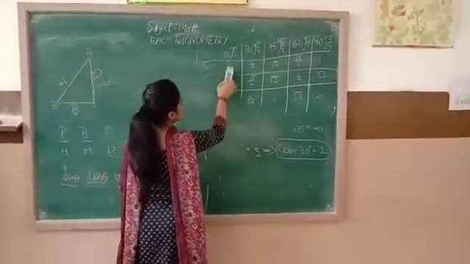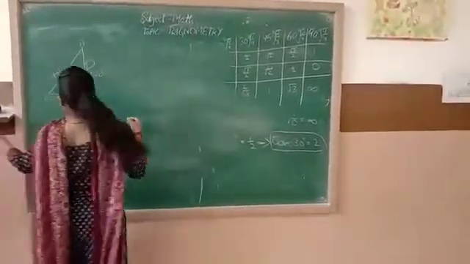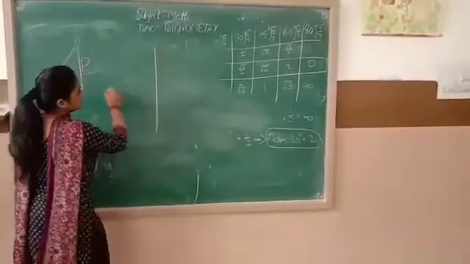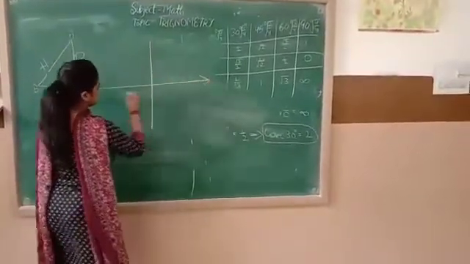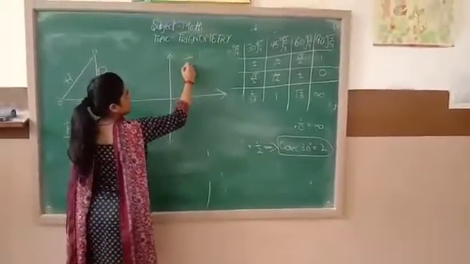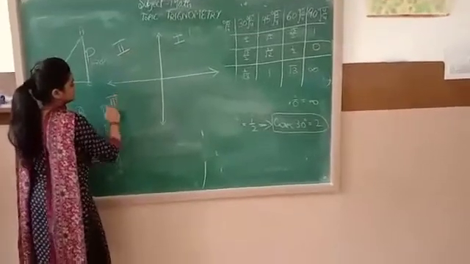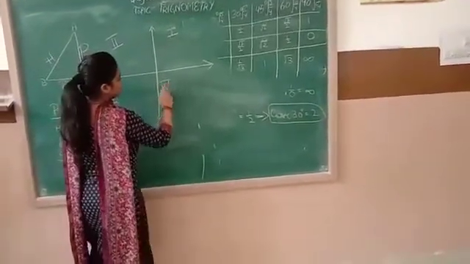Now next we discuss these values in a quadrant. So we have here 4 quadrants. This one is the first quadrant, second, third and fourth quadrant.